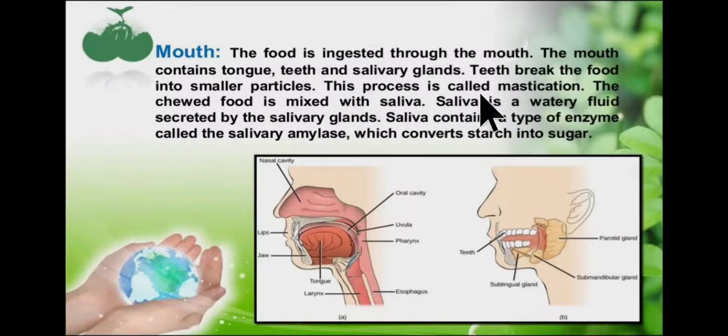This process is called mastication. The chewed food is mixed with saliva. Saliva is a watery fluid secreted by the salivary glands. Saliva contains a type of enzyme called salivary amylase, which converts starch into sugar or glucose.